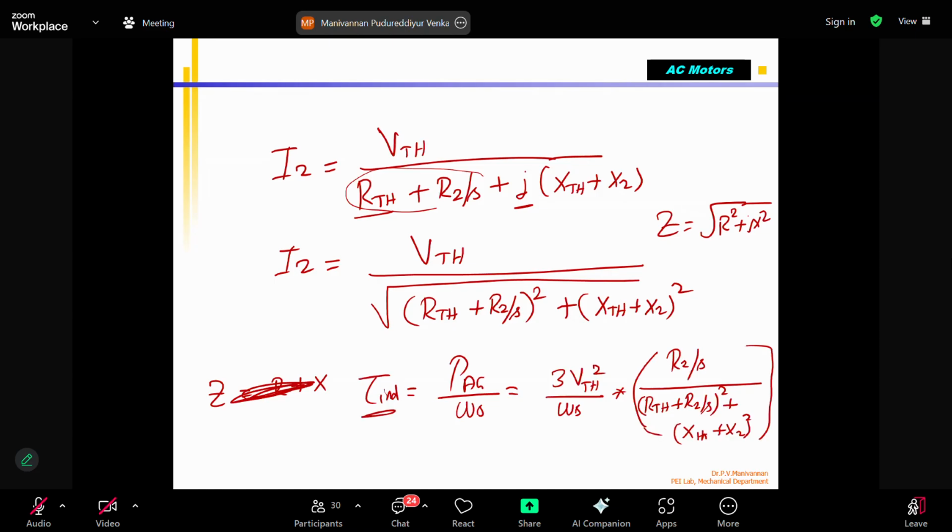PAG is known, so you can find it using this, because the whole thing talks about PAG.